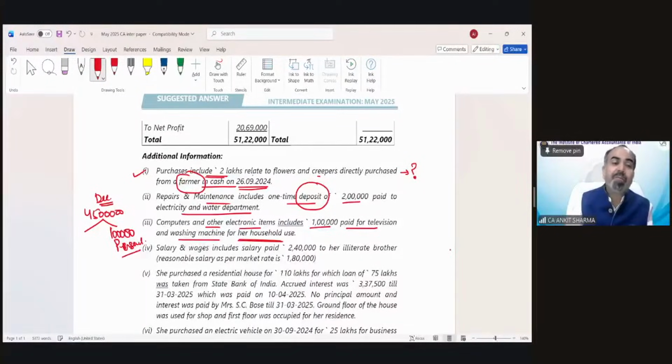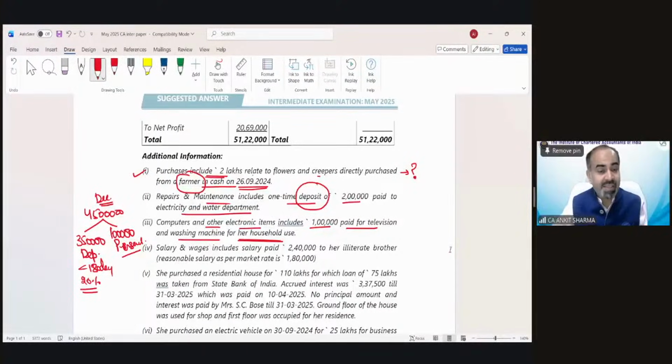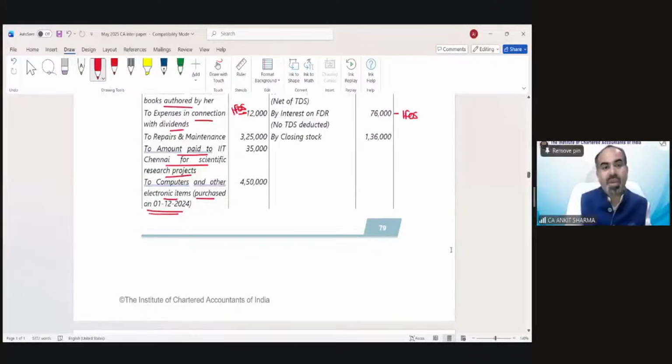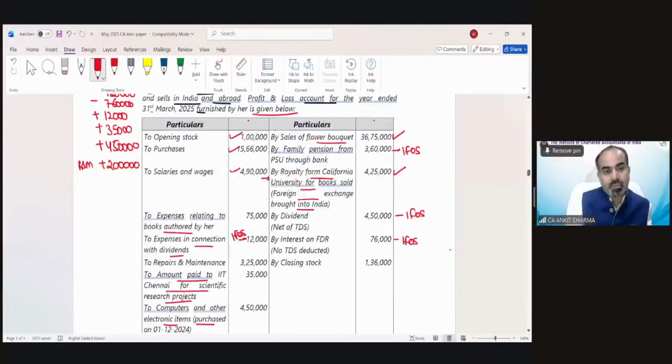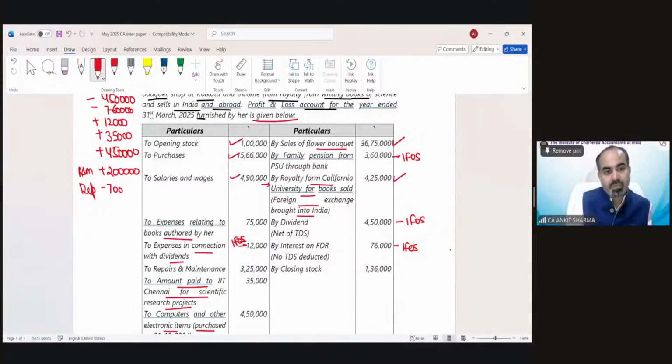So already 1 lakh has been disallowed. On the balance 3,50,000, we can claim depreciation only. It has been purchased in December, so less than 180 days of use. On computers the depreciation rate is 40%, but we can claim only 20% because of less than 180 days. So the allowable depreciation would be 70,000. I hope it's clear till now.